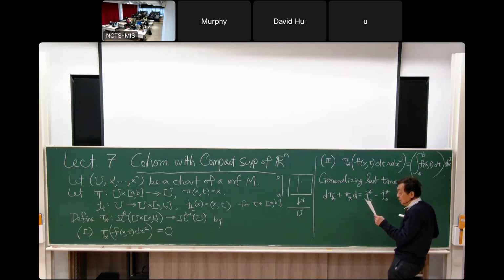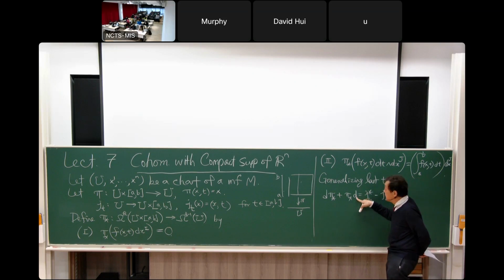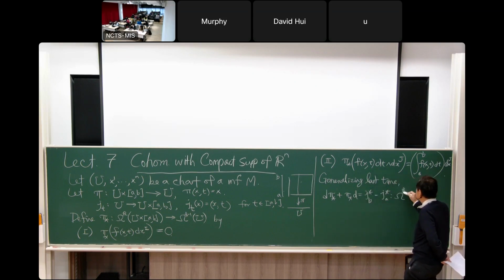And where does this go? Now d increases the degree by 1, and pi lower star decreases the degree by 1. So you keep the degree the same.